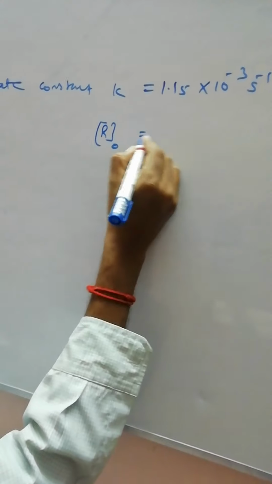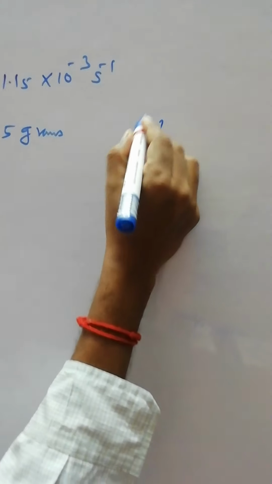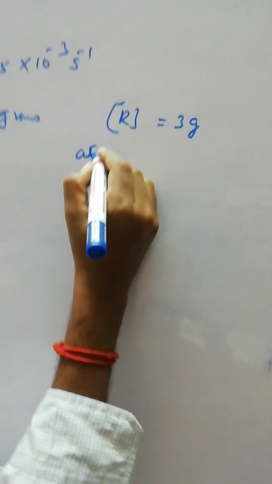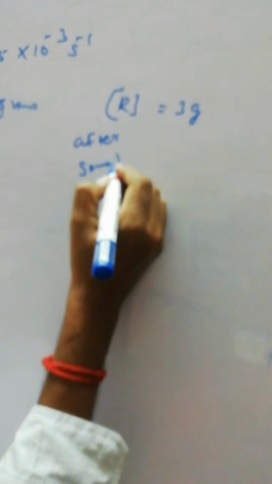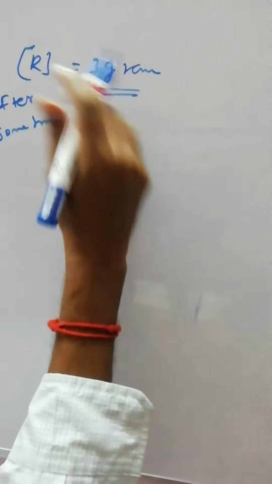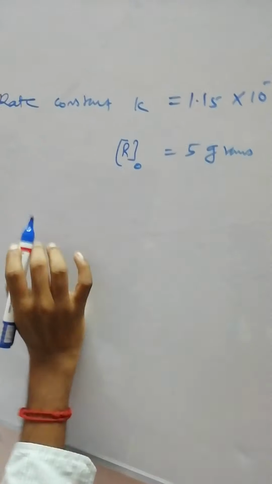R0, the initial concentration, is equal to 5 grams per mole. R is equal to 3 gram after some time. Some of the reactant is converted into product; that means 2 gram is converted into product and 3 gram is remaining.